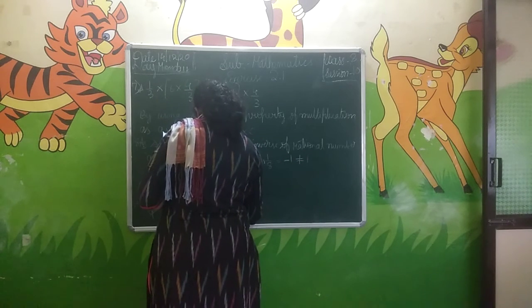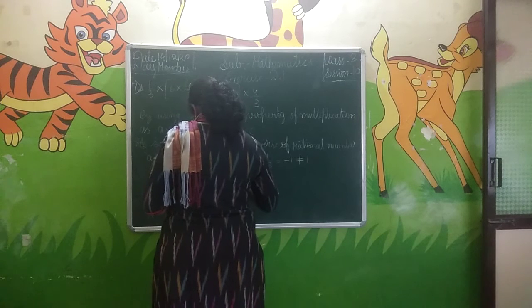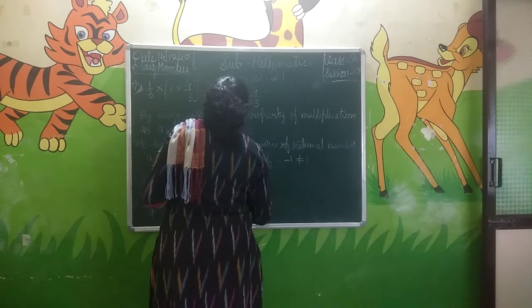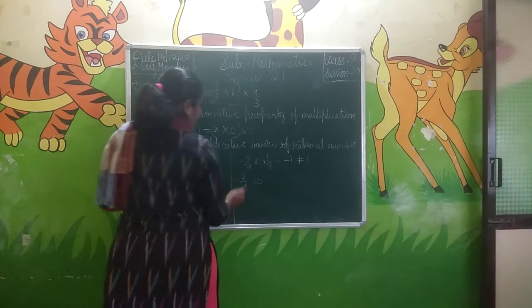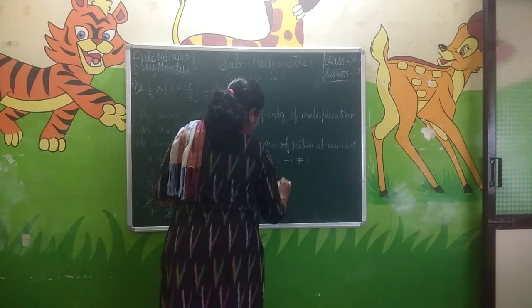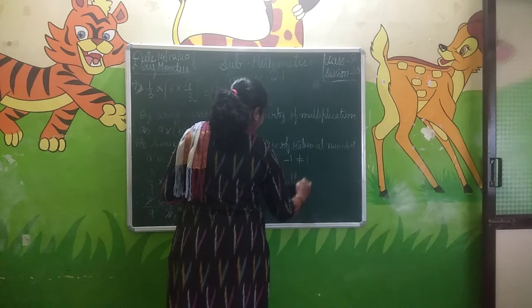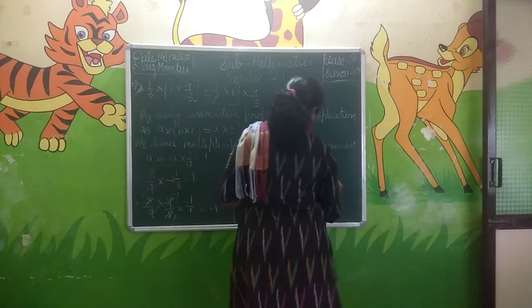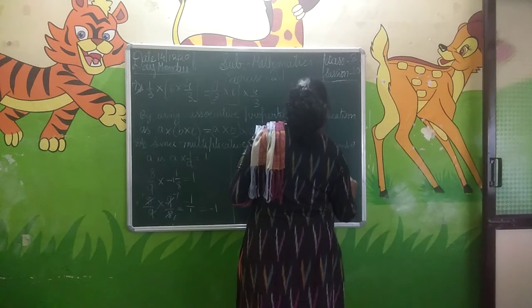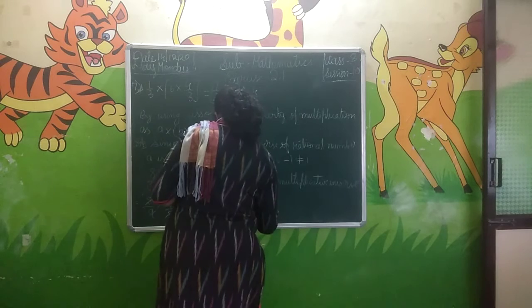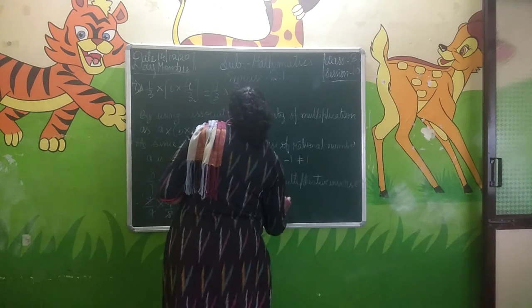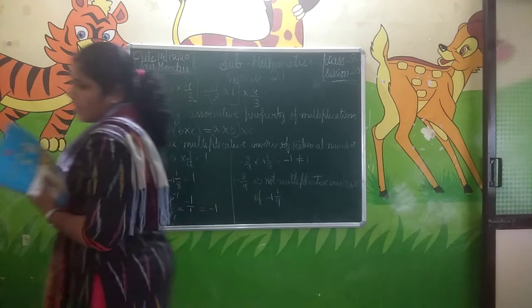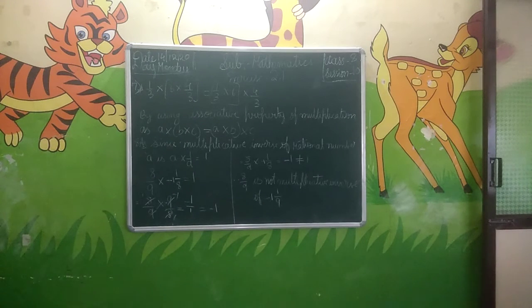Therefore, minus 8 by 9 is not a multiplicative inverse of minus 1 by 9. Because we got the answer as minus 1 there. If minus 1, it is not equal to 1, so it is not a multiplicative inverse.